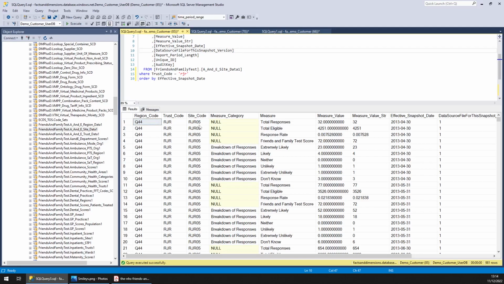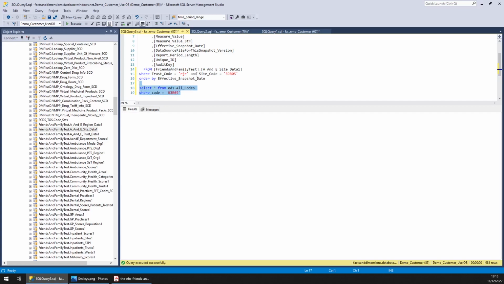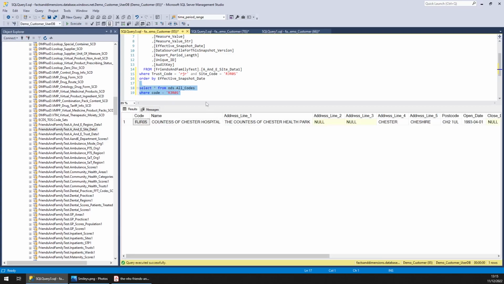Okay, this is that site, so let's pick one of the sites, RJR05, and just have a quick look which one that is. Countess of Chester Hospital. Okay.